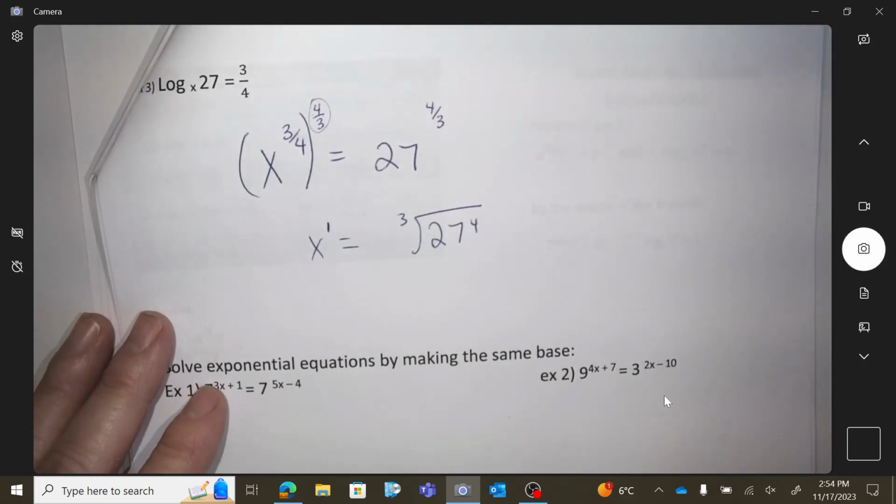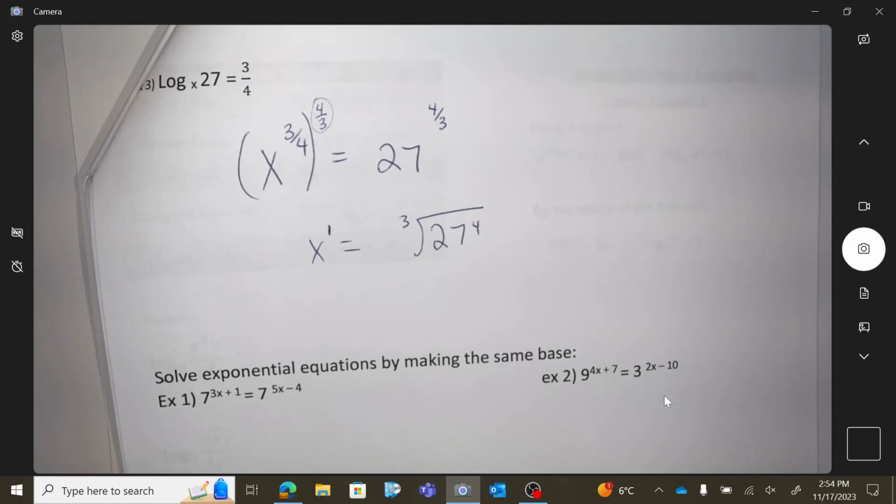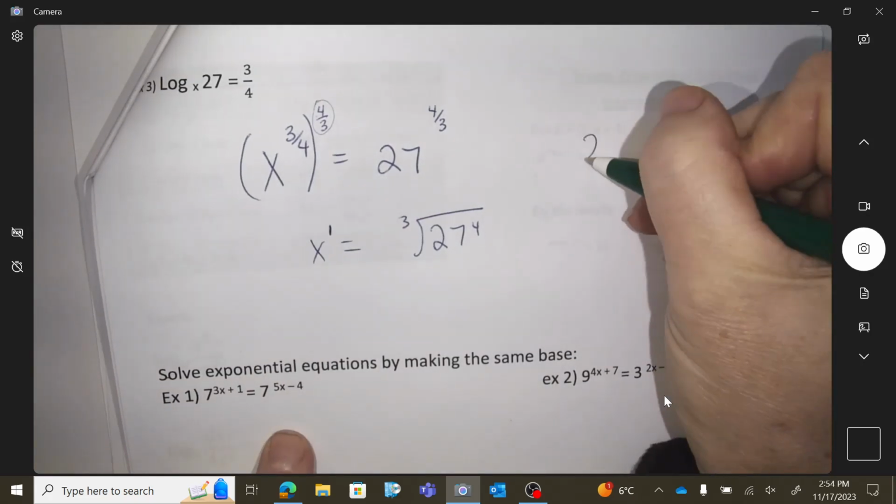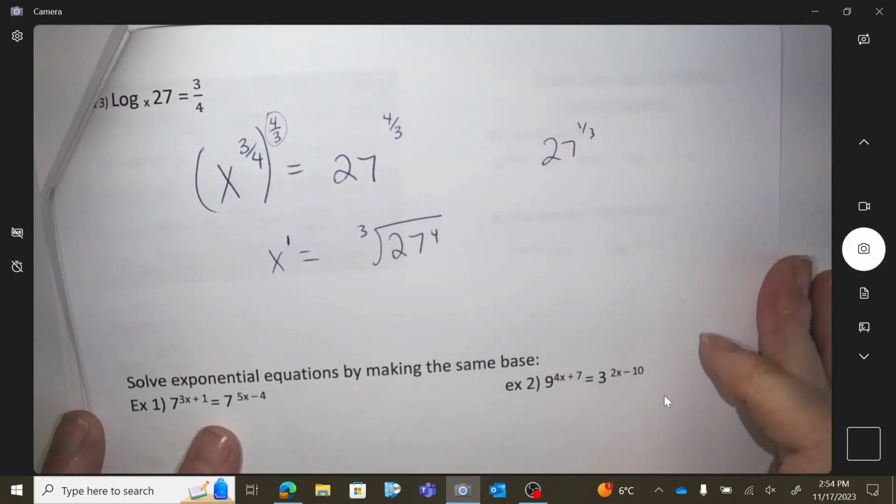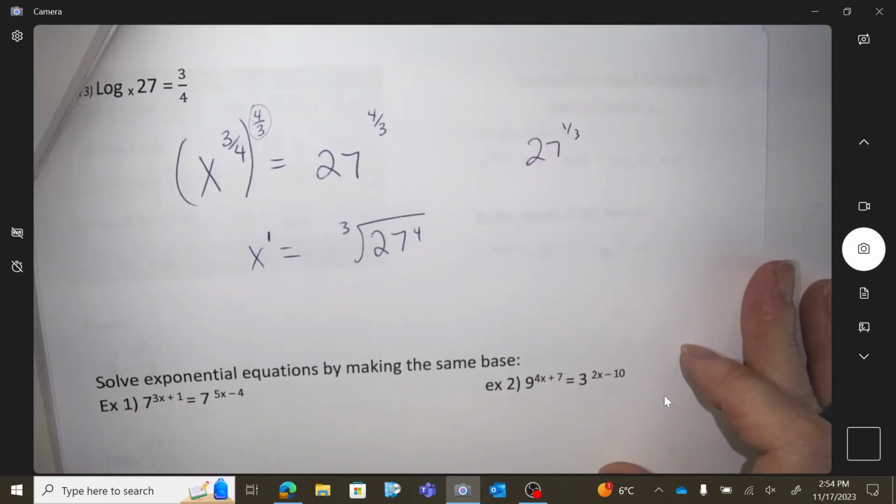Okay, now we learned that 27 to a 1/3 is the same as a cubed root.